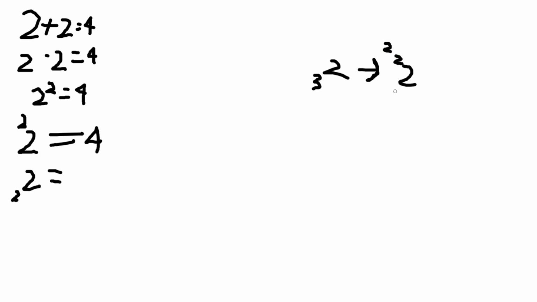As you could probably foreshadow, this is going to be very, very big. So what this is, is 2 to the tetration of 4, because 2 to the second tetration, as we have discussed, is 4. So this would be 2 to the power of 2 to the power of 2 to the power of 2. 4 powers of 2.